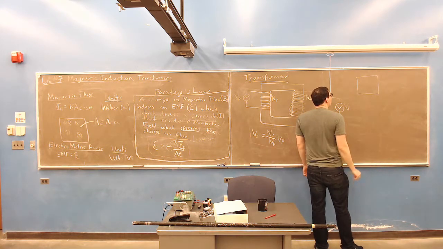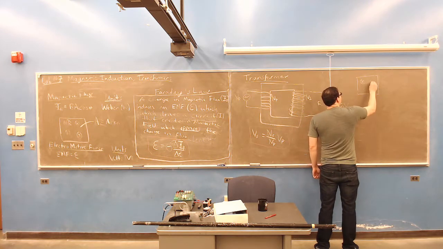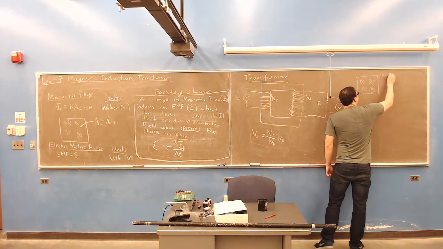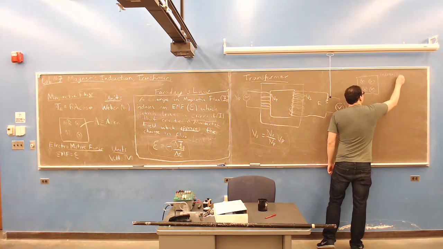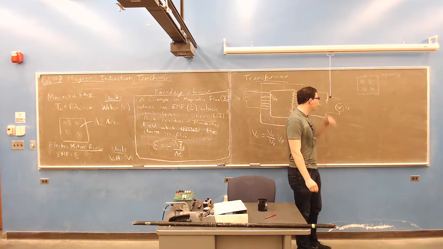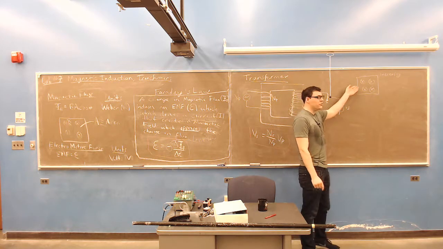Here I have a loop of wire. I'm going to have the B field going into the wire, and it's going to be increasing. So it's changing. It's increasing with time. And the question is which direction is the current going to go in?